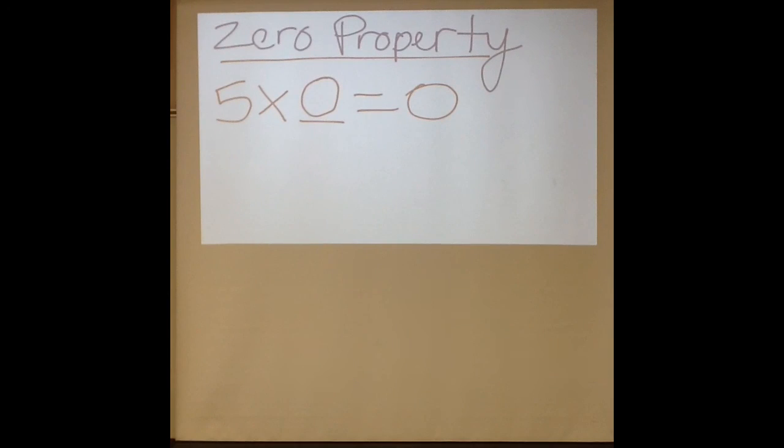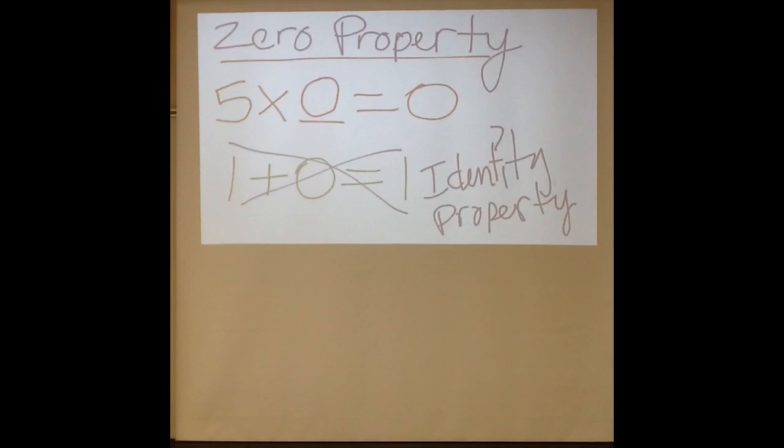We'll make 0. Now you see, the reason why it doesn't work in addition is that if we started with a 1 and we added 0, well, we still have our 1. What is this? This is identity property. So identity property is when the number starts as a certain number and it maintains its identity.